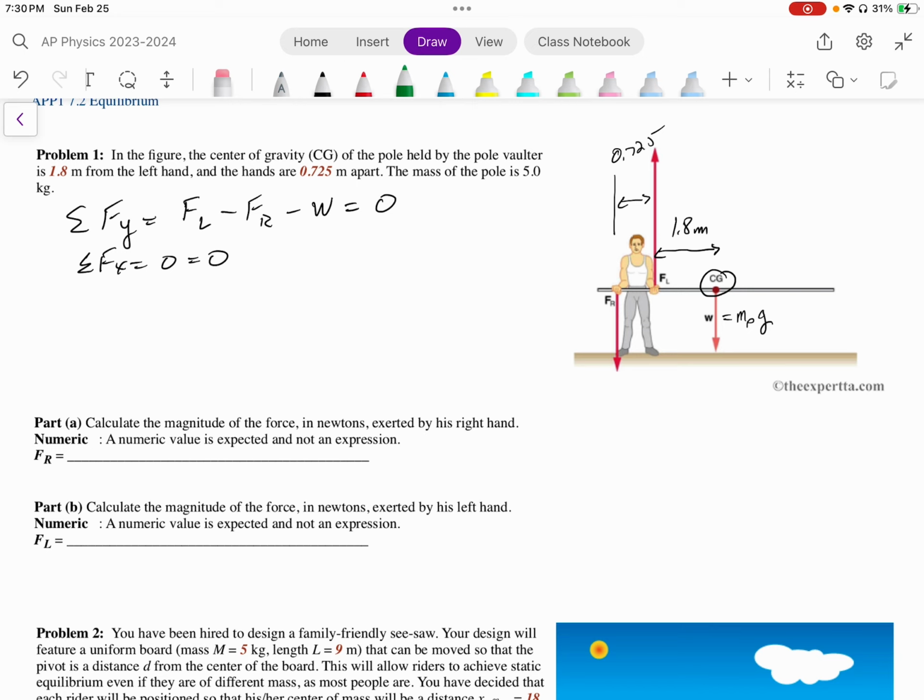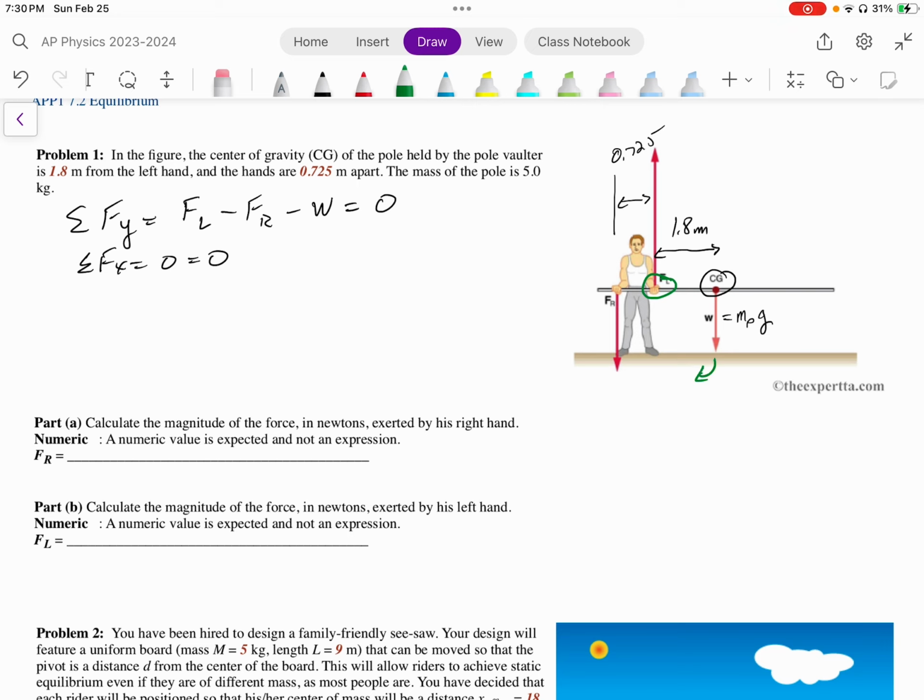The first question is the force from his right hand. I don't know the force of his left hand. So if I picked the force of his left hand as the axis, the only 2 forces that cause torque now are the weight of the pole and the force from the right hand, and therefore I have eliminated an unknown. So I'm going to use that one.